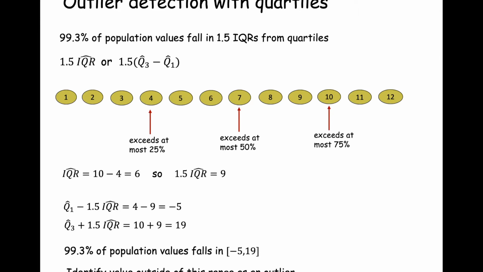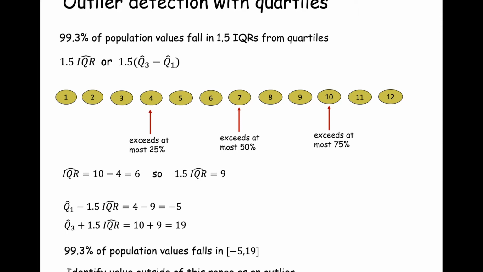And so we compute the interquartile range, which is Q3 minus Q1, and we take 1.5 of that, and in this example, 1.5 IQR hat is equal to 9. And so we identify then that range of values that are 1.5 IQR hat below Q1 hat and 1.5 IQR hat above Q3 hat.